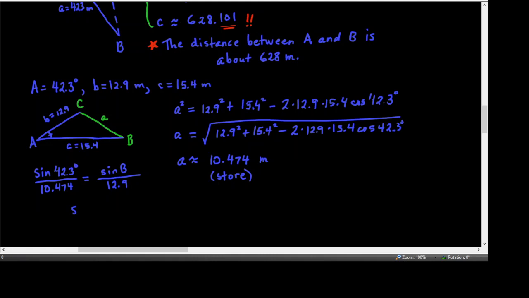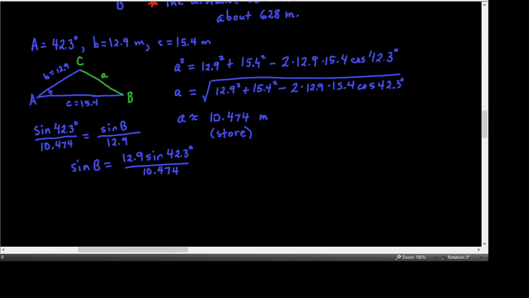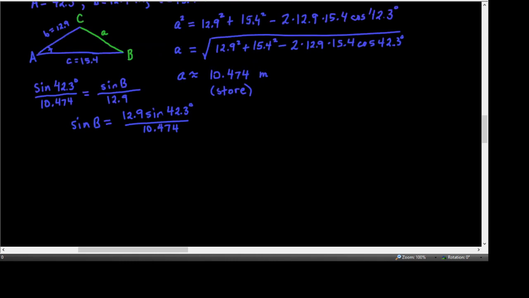Okay, so we'll isolate sine of B by multiplying both sides by 12.9. And even though we're writing 10.474, we're never going to type that back in our calculator because that's erroneous. We want to use the stored value, but we're not even ready for that yet.